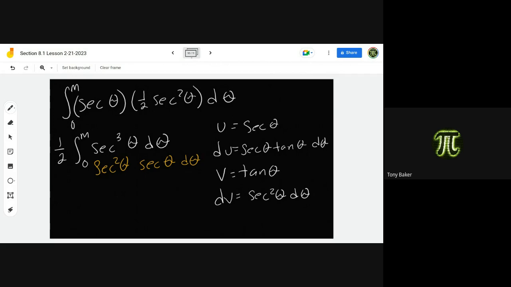All right, so we now have 1/2 times this whole thing. So it's uv, so it's secant theta tangent theta minus the integral of tangent theta times secant theta tangent theta d theta.